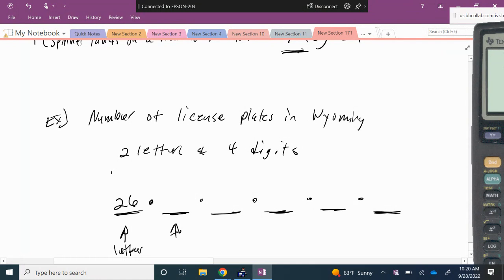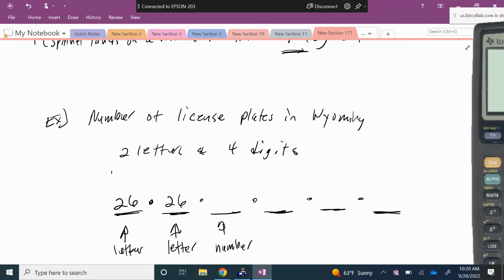The second choice is also a letter. So again, how many letters in the alphabet? 26. Because it didn't say anything about the letters not being able to repeat. It just says that it's 2 letters and 4 numbers. So if we look at the third character, that has to be a number. And how many numbers do we have to choose from?